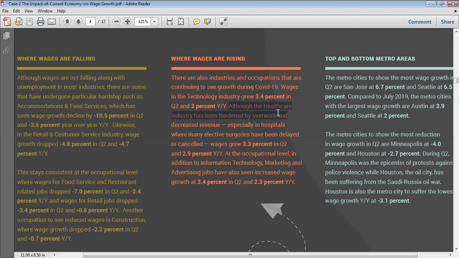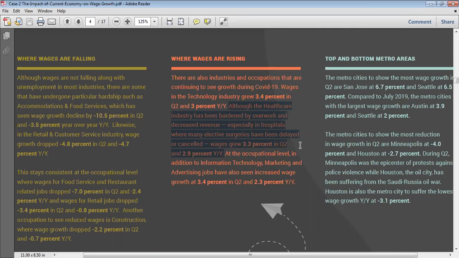Although the healthcare industry has been burdened by overwork and decreased revenue, especially in hospitals where many elective surgeries have been delayed or cancelled, it happened in India also, wages grew 3.3% in quarter 2 and 2.9% on a year on year basis.